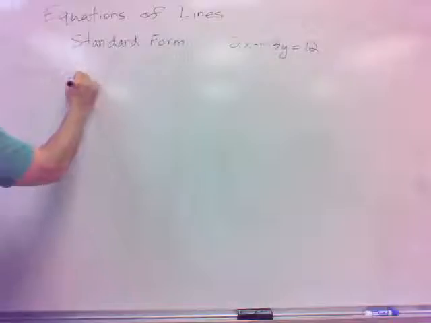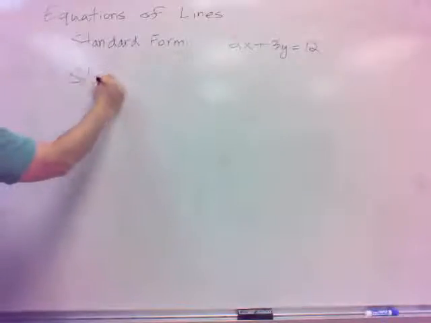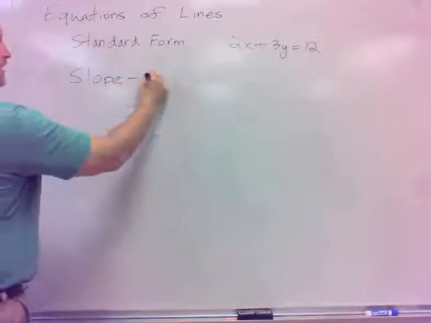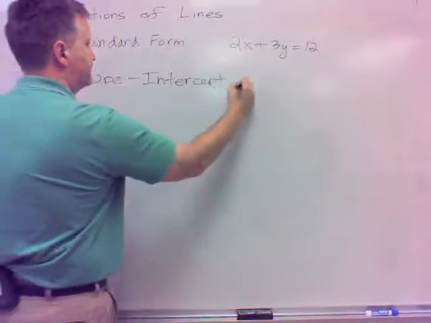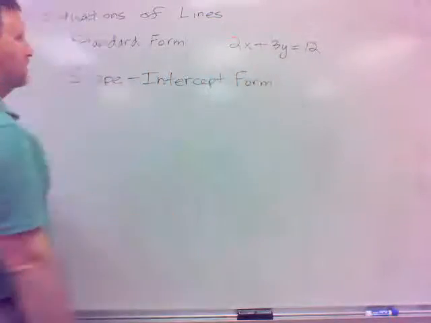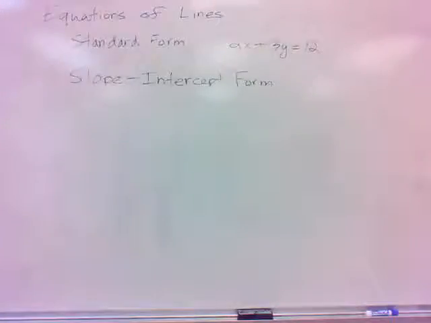A real important one, or I think pretty important one, let's talk about a little bit. The slope-intercept form of a line. This one is, well, it's a lot of times the way you see a line in a lot of different scenarios.